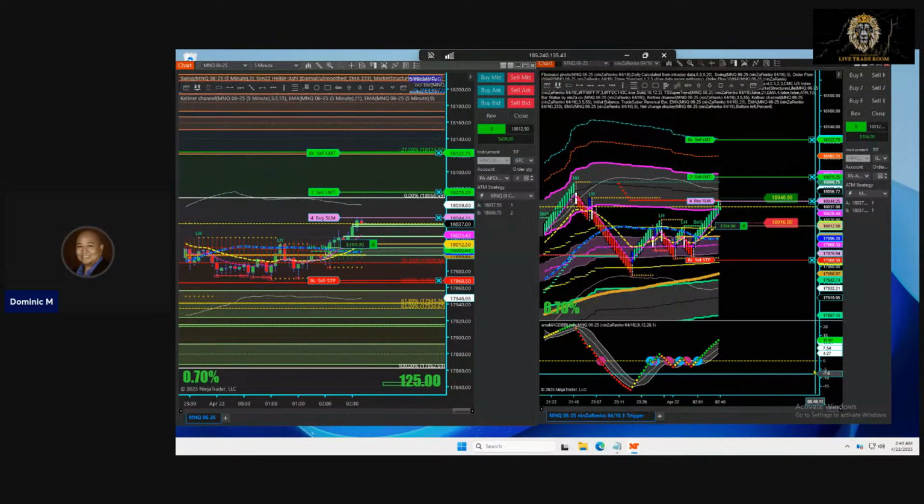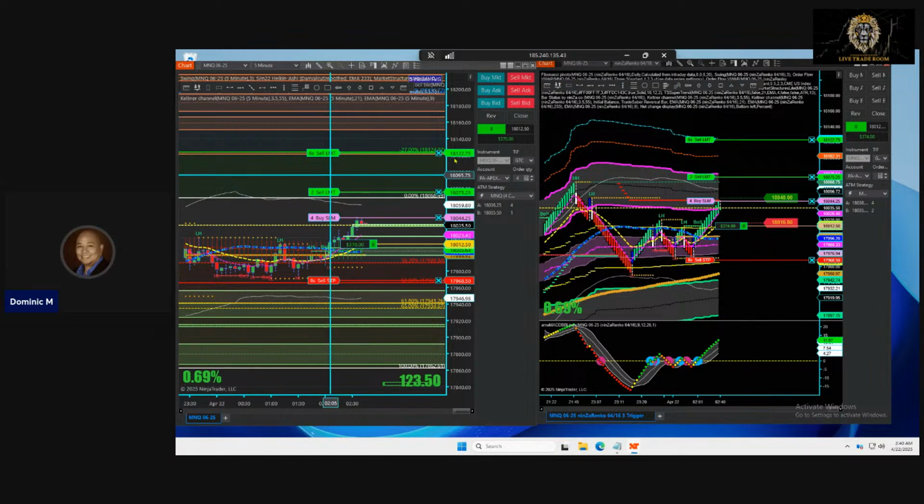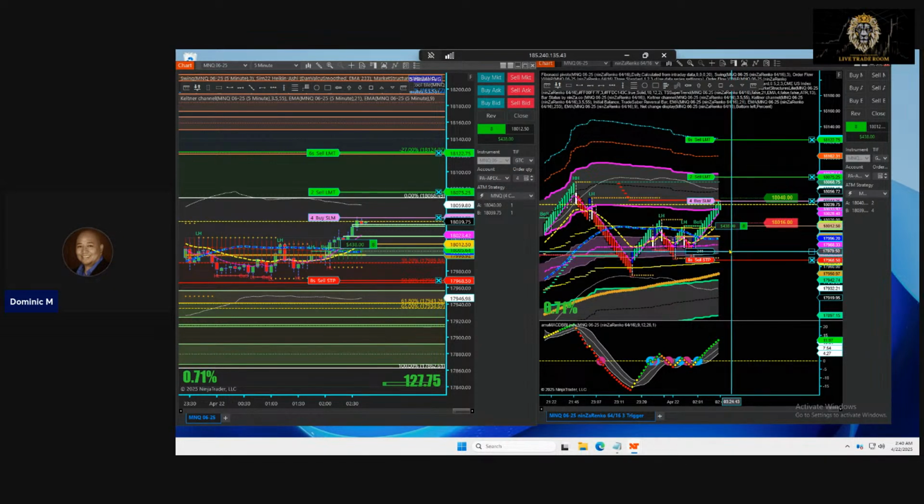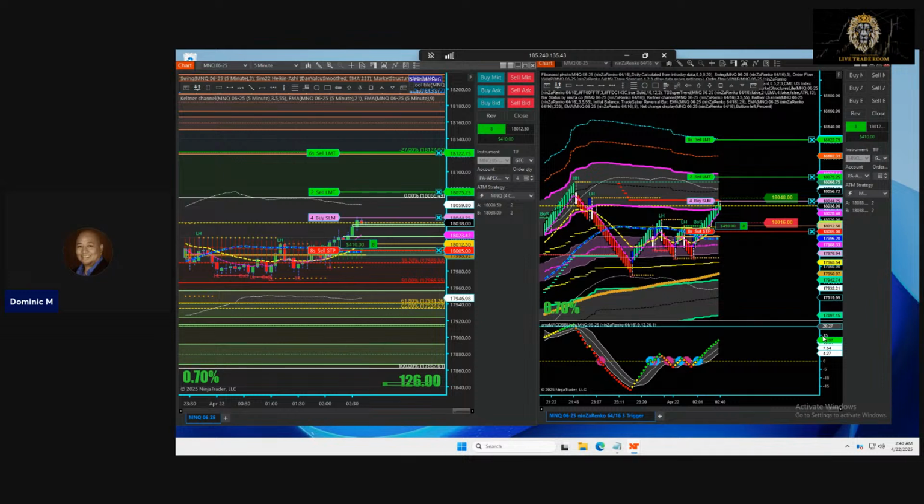So I'll leave it where it is right now in terms of my first profit target right here, and my second one is up here based on the fib extension of 127%. Let's see how this goes. I'll be moving up my trailing stop. I don't want to give it too tight of a stop, so I'll leave it right there.